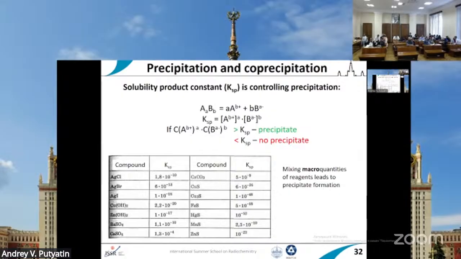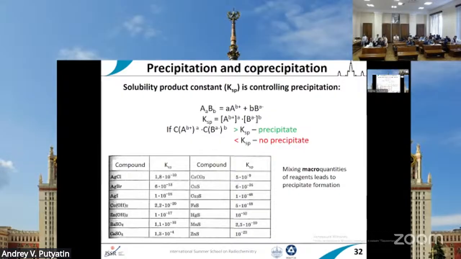That means that the product of the concentrations of this cation and anion, with their stoichiometric indexes, is larger than the solubility product of our compound. If the concentrations are very low, so this product is smaller than the solubility product, then there is no precipitation.